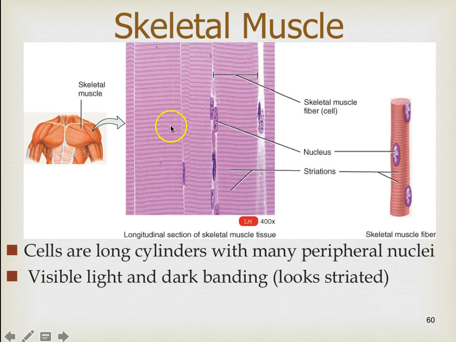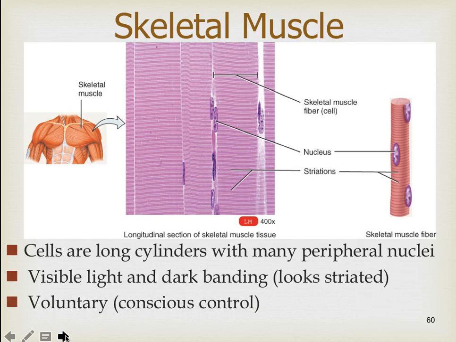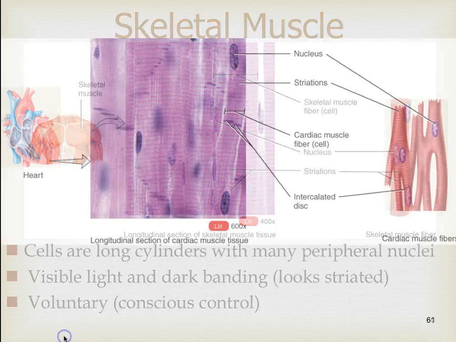There are these light and dark bands that you will see. We'll talk a little bit more about how they occur later in the semester. And they're voluntary. Your skeletal muscles move because you tell them to. Obviously, you can have situations where you have some muscle spasms and things like that. However, you are controlling your skeletal muscles.